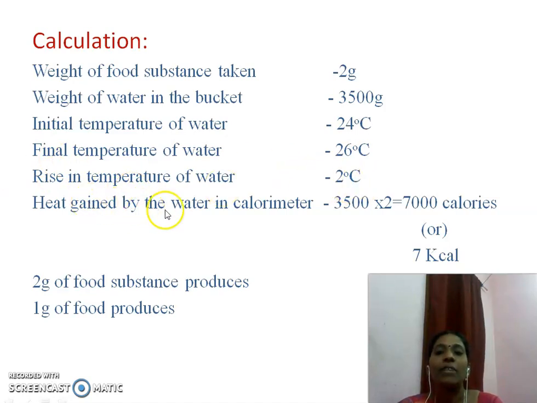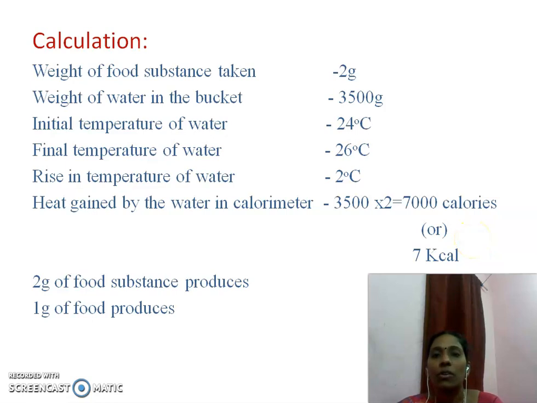Then the heat gained by the water in the calorimeter is calculated as the weight of the water in the bucket into the rise in the temperature of the water. So this will give you 7,000 calories. The 3,500 is the water in the bucket and 2 degrees is the rise in the temperature of the water. So this will give you the calories, how much energy is present in the food. So 7,000 calories can be converted into kilocalories.